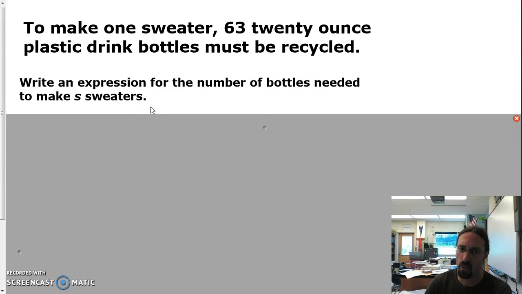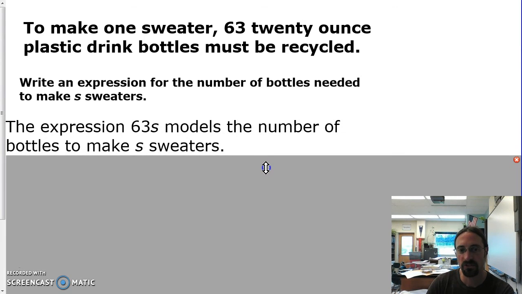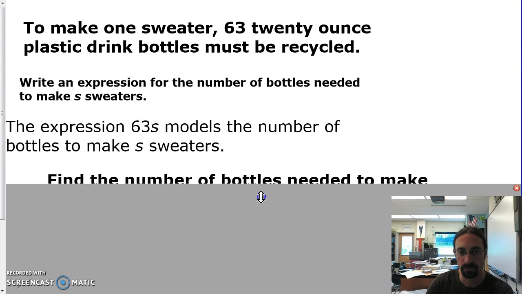Okay, so if I'm going to make one sweater, I need 63 20-ounce bottles. If I want to make 2 sweaters, I need 63 times 2. So here you think about it, you're like, oh, here's my expression. 63 times S, the number of sweaters, 1, 2, 3, 4, 5, etc., whatever, times 63 20-ounce plastic drink bottles.